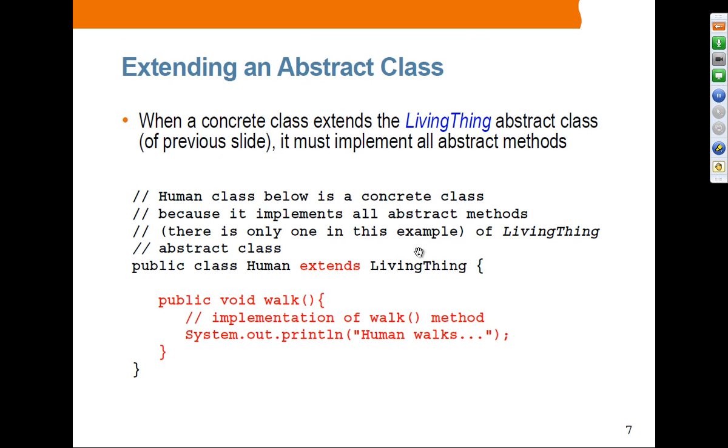So this Human concrete class provides its own implementation, human walks, and if you create a Monkey that extends the LivingThing abstract class, the walk method of that Monkey concrete class will have a different implementation. Maybe it will say monkey walks or something like that.